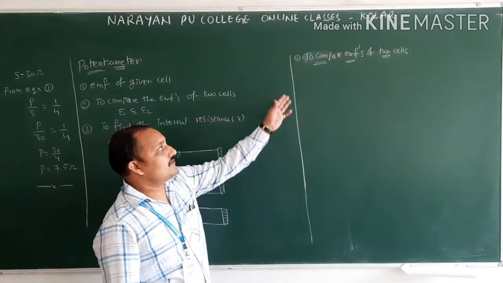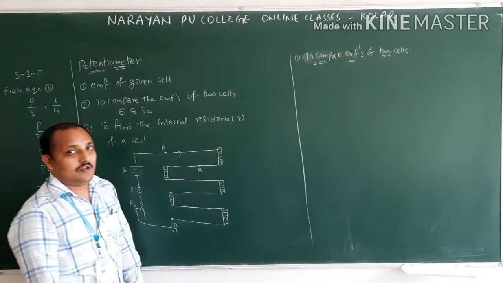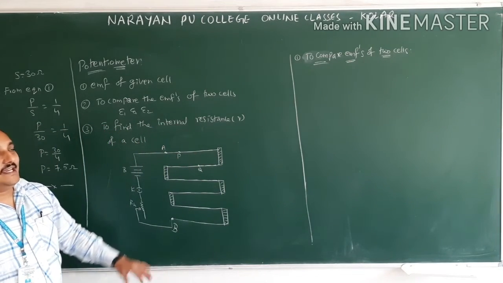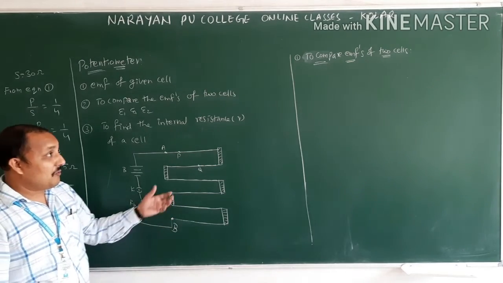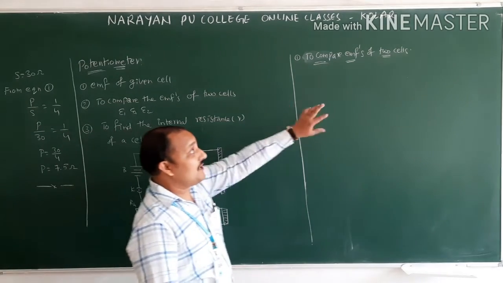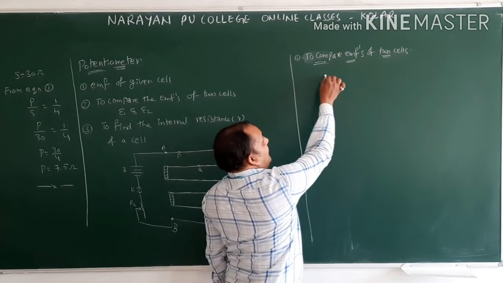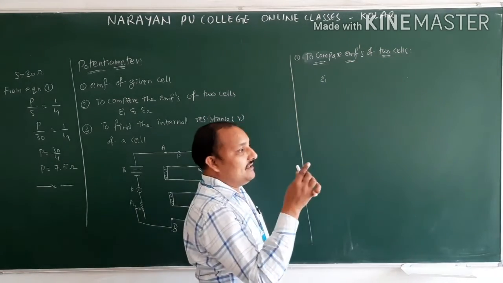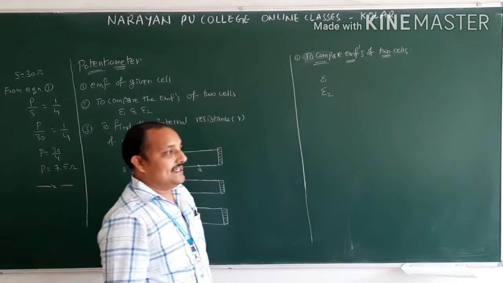Now, first we are going to see how to compare the EMFs of 2 cells by using a potentiometer. First we take one cell whose EMF is E1, and another cell whose EMF is E2.